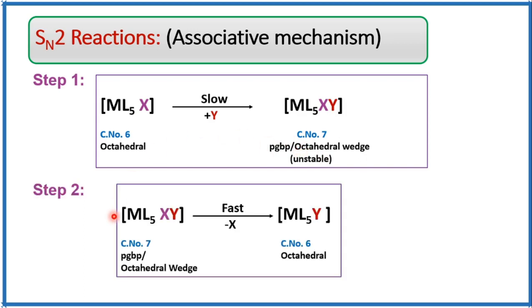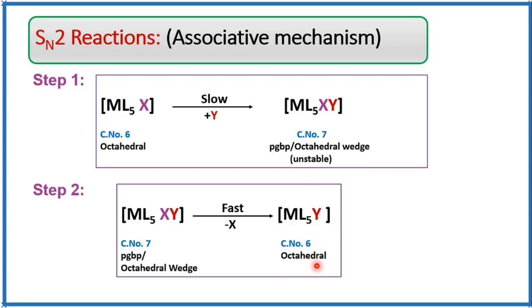In step 2, this unstable intermediate, which has a pentagonal bipyramidal or octahedral wedge structure, will undergo dissociation or will lose X to give ML5Y, which is the desired product in our reaction. And this ML5Y has coordination number 6, and again it is an octahedral complex.